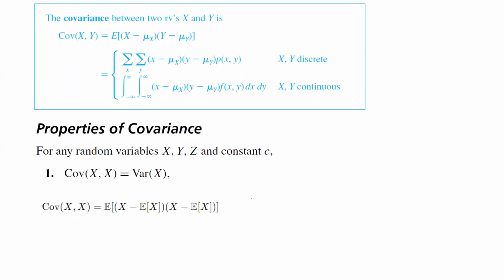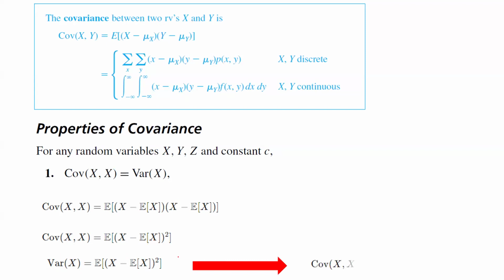Remember that the covariance of x and x is the expected value of x minus the expected value of x times x minus the expected value of x, which is the expected value of x minus the expected value of x to the second power. But remember how we define the variance: it is the expected value of x minus the expected value of x to the second power. So the covariance of x and x is nothing but the variance of x.